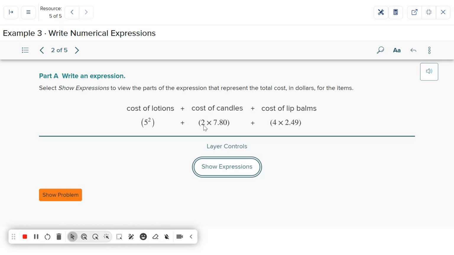The cost of candles we could write as 2 times $7.80, and the cost of the lip balms we could write as 4 times $2.49. That is because she's buying 5 lotions for $5 each, so 5 times 5 is 5 squared. She's buying 2 candles and 4 lip balms. Okay.